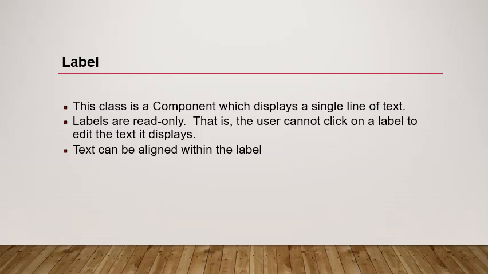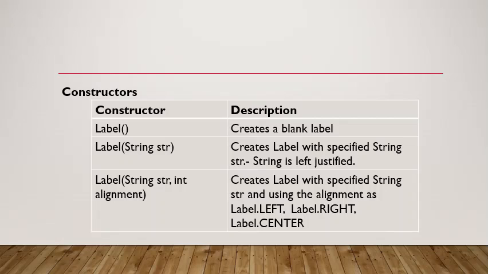For that we need to understand what constructors are available in label. Various constructors are there. One is without any parameter, so it will create a blank label. Now you might be thinking that when the label's task is to display a message, why do we use an empty label?